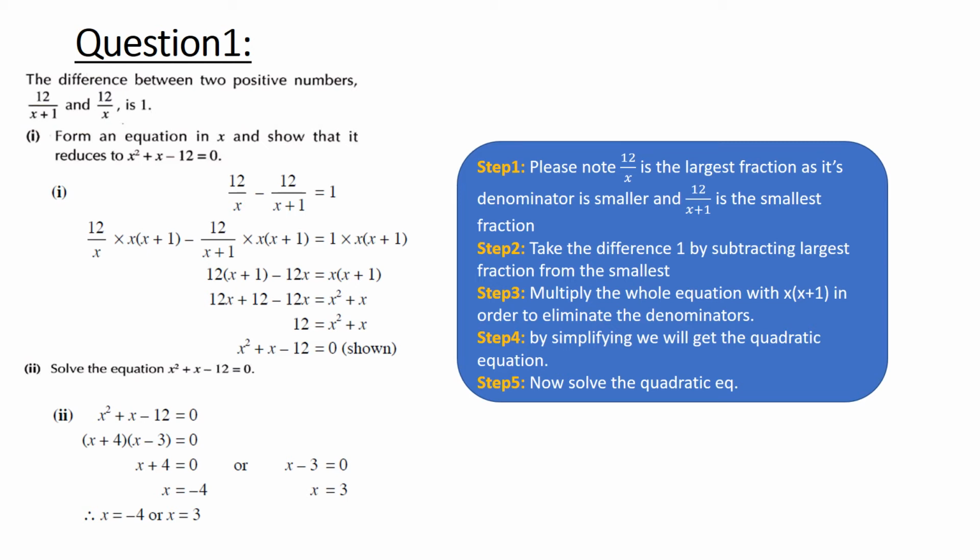So let us multiply with the LCM, that is x into x plus 1 with the whole equation. And when we multiply them, by simplifying, we will get our equation x square plus x minus 12 equal to 0, which is the required one.